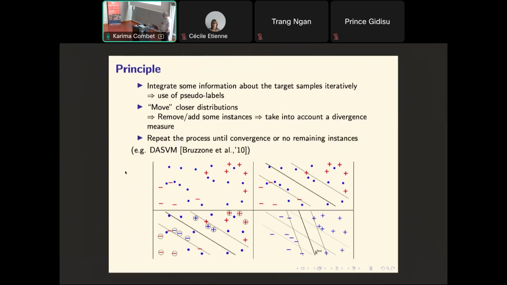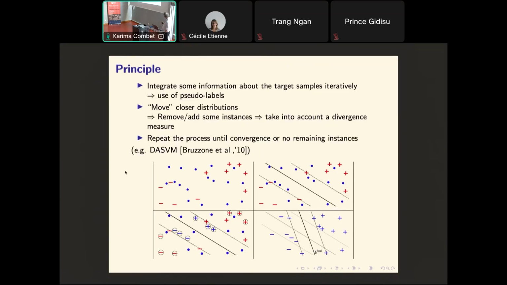Also, you can complete the models with iterative approaches. The idea will be to try to use some pseudo labels in the target domain. So here's an illustration. Imagine that I have my labeled source in red and target in blue. What I can do first is to learn a model only from the labeled source data in red.